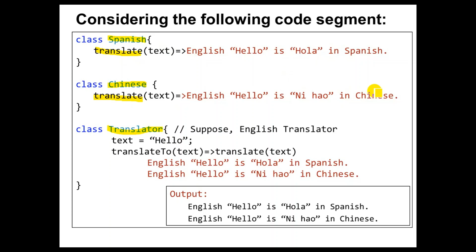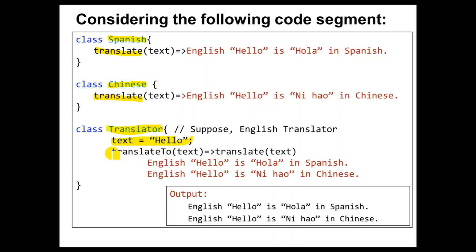This is a translator like Google Translator. We can consider the translator class as our main class or the central class. We will pass text to it like hello or any other text you like.